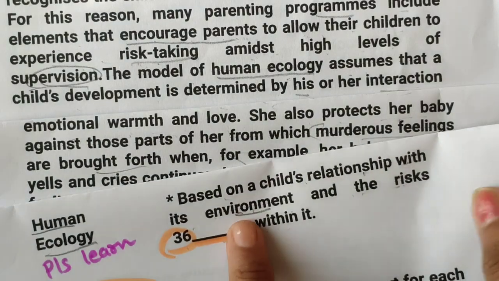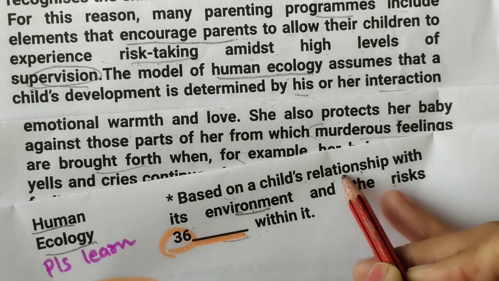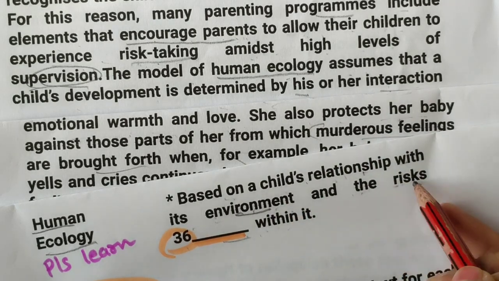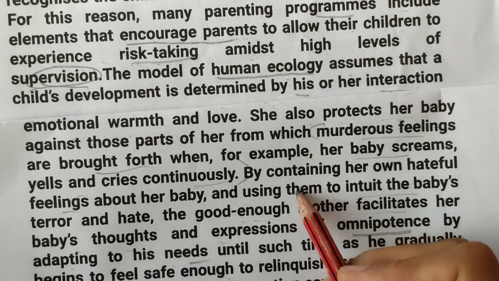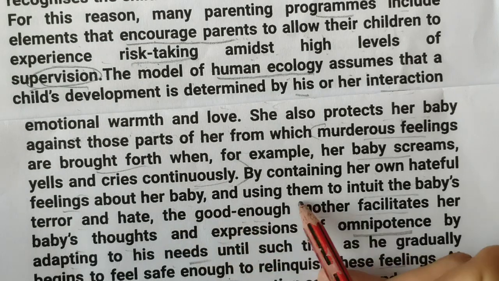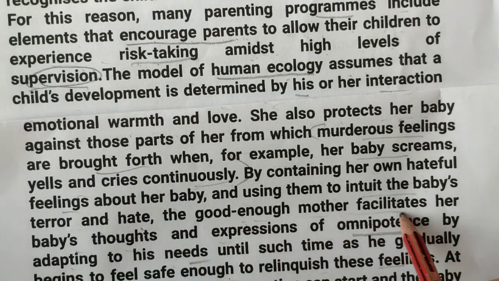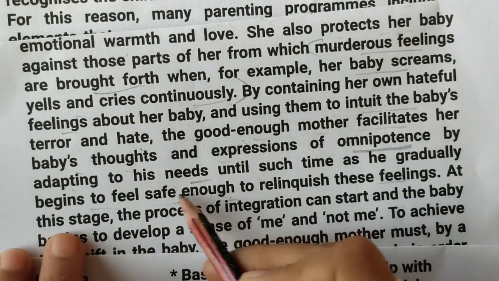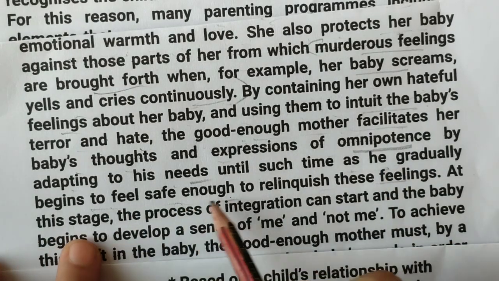That's why, based on the child's relationship, interaction with its environment and the risk within that. Risk: by containing her own hateful feelings about her baby, using them to understand the baby's terror and hate. The good enough mother facilitates her baby's thought and expressions of omnipotence by adapting to his needs until such time as the baby gradually begins to feel safe.